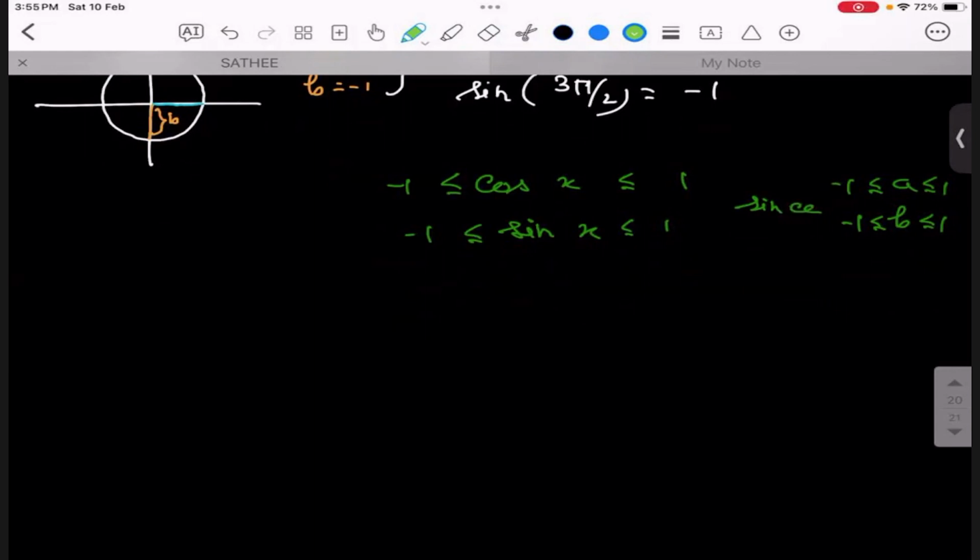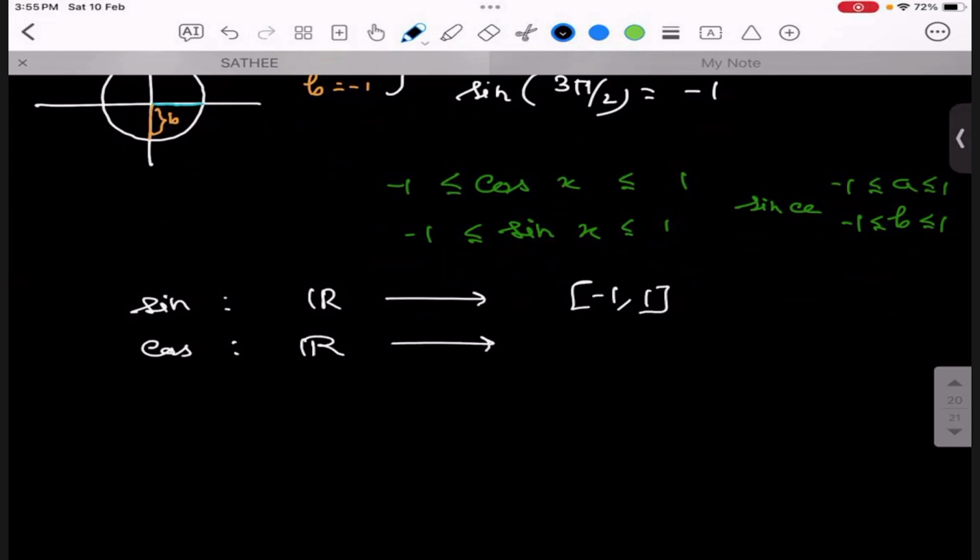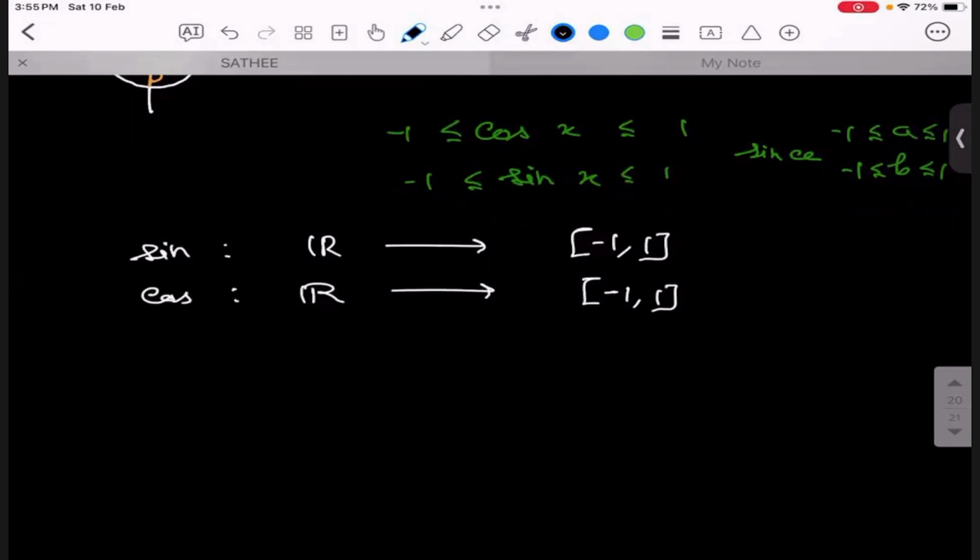So if I say sin x and cos x are functions, then the sine function is a function from the real number set R to the range -1 to 1, and the cos function is a function which takes the real number set and gives values between -1 to 1. Thus we can find the domain and range of the sine and cos functions.